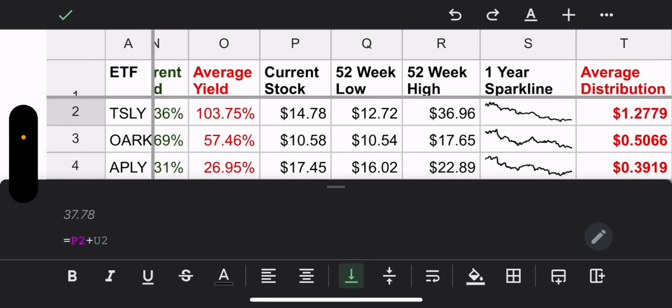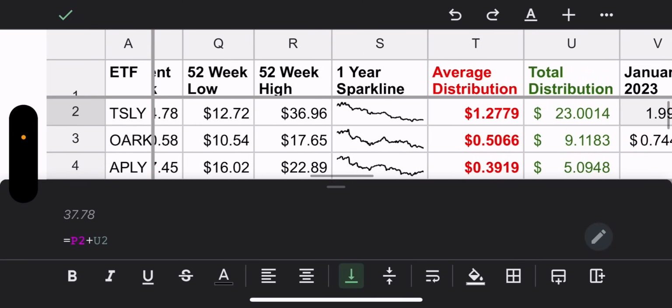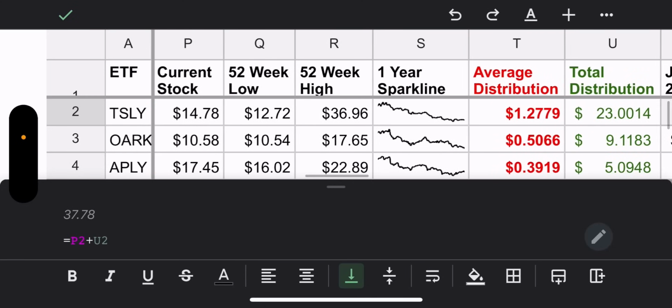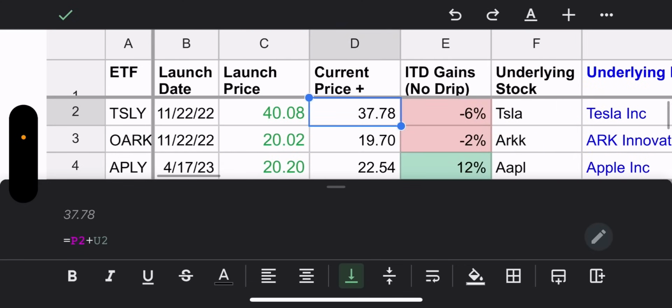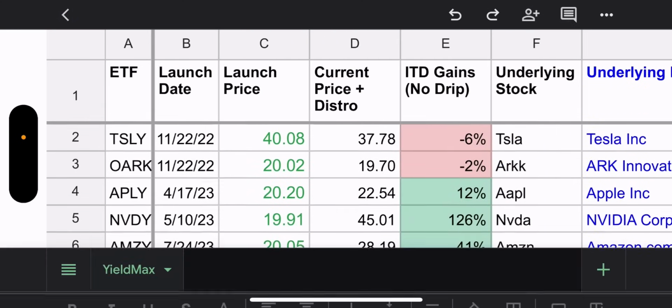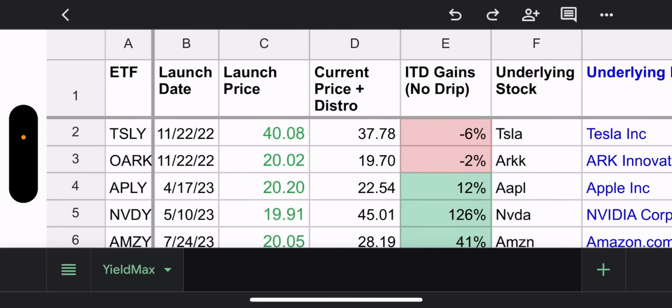So I'm taking the current stock price and adding in the total distributions of $23. So $14.78 plus $23, okay? And that's how I'm getting basically the current price plus distro. So if you invested from inception, that's what the value is, because you got the total distributions, and that's the value of your current stock price.